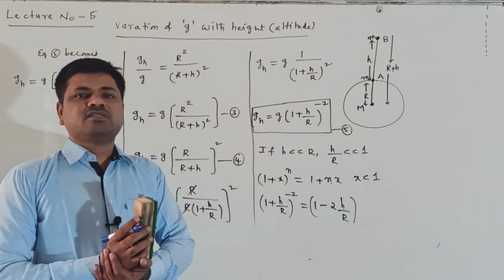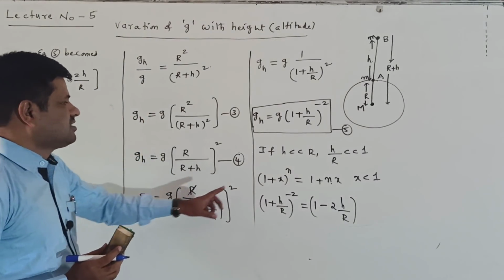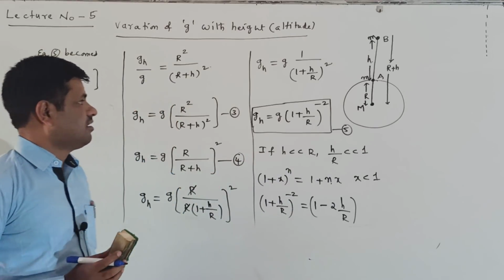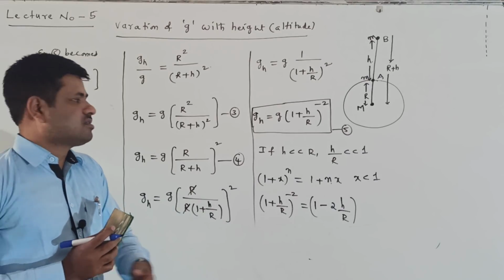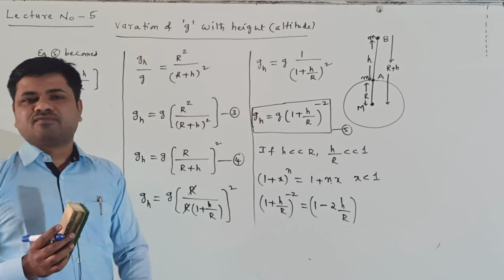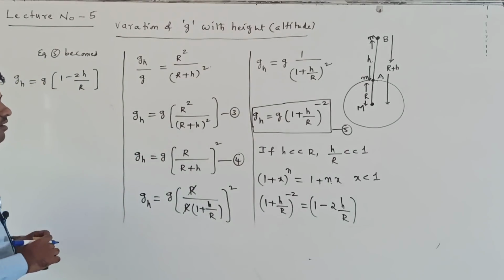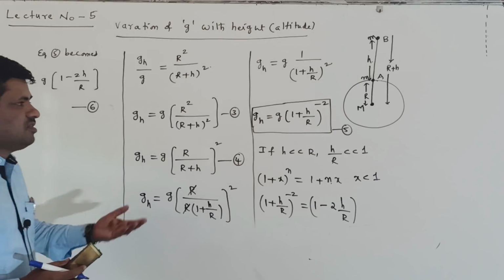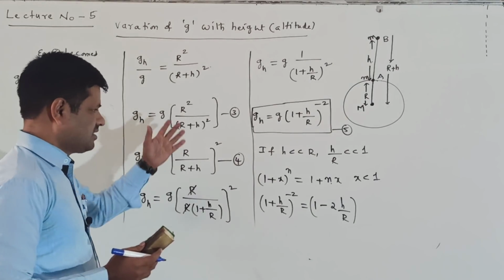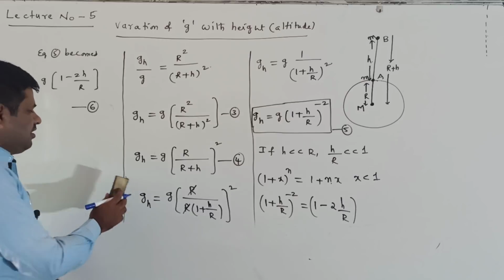This formula is valid when h is less than r, meaning the height of the body is very small in comparison to the radius of the earth. Now this is given the equation number 6. Up to this point we discussed in the previous class. Once again we recall this one.